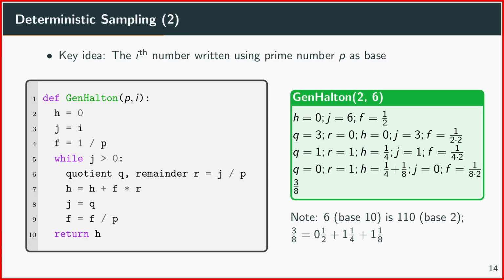And one nice thing you can note about this, the sixth number here in base 10 is actually 110 in base 2. And 3 divided by 8 can actually be written as the inversion of 110 times all the fractions. As you can see from this example, the higher your number goes, the larger also the binary number grows, and the more you actually use also the other fractions which you have not used in the beginning.